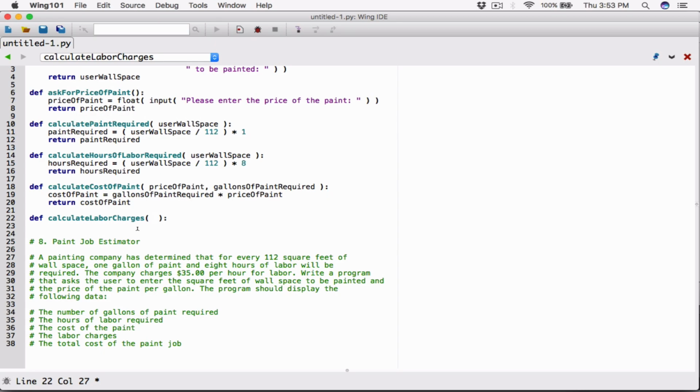There are a couple of ways to do that, but let's define it in the function itself.